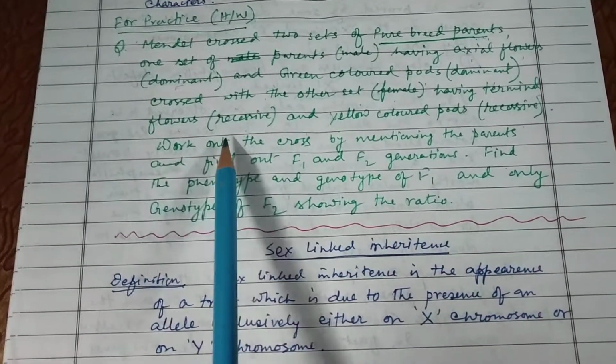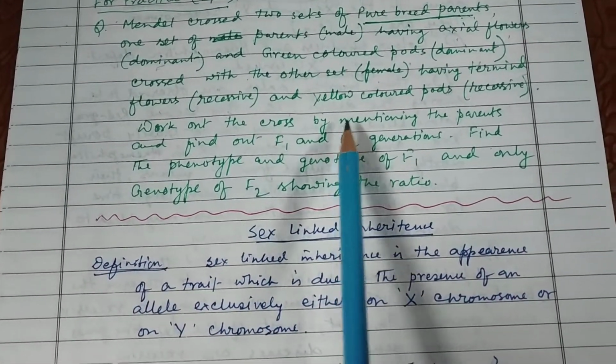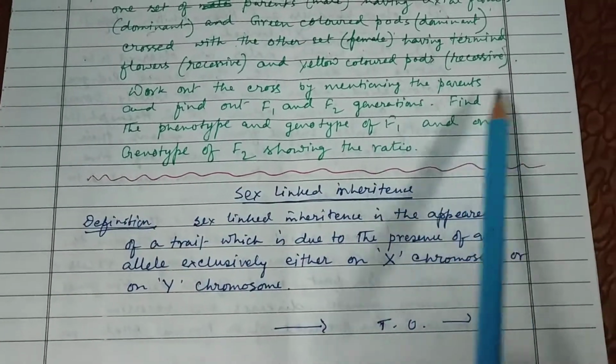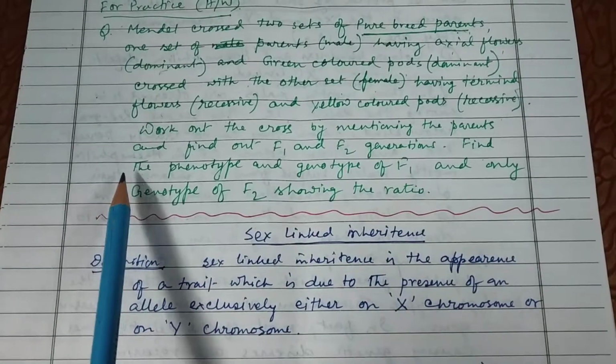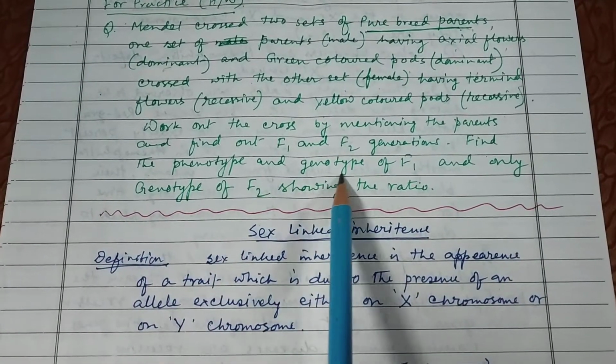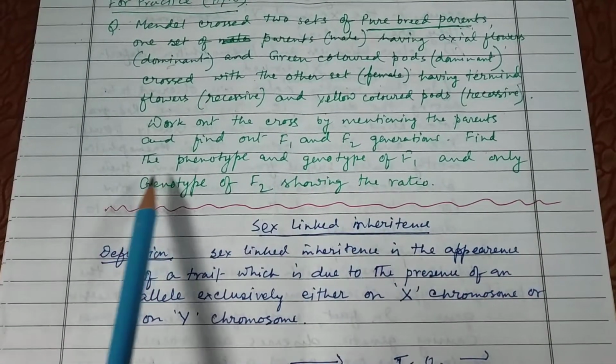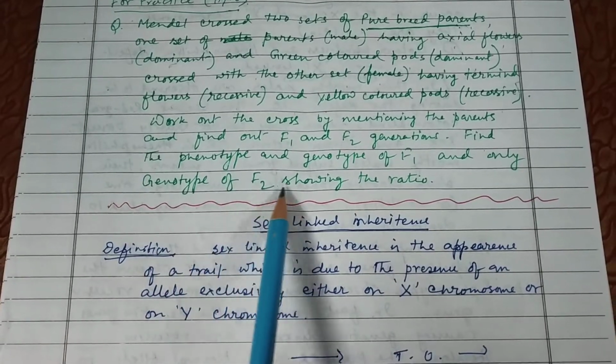Work out the cross by mentioning the parents and find out the F1 and F2 generations, the phenotype and genotype of F1 and only the genotype of F2 showing the ratio.